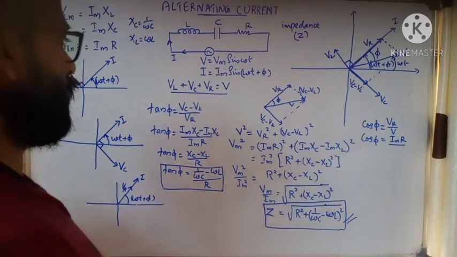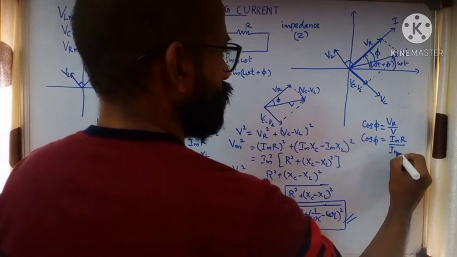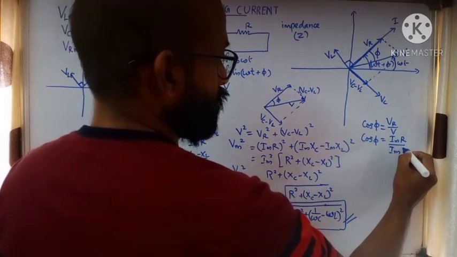We need to find V. How will you find V? V is equal to Im into the effective opposition, that will be the impedance.